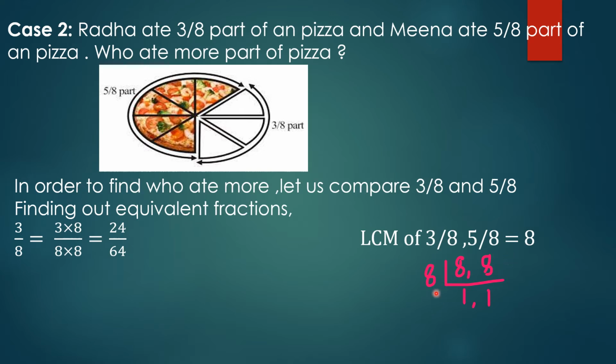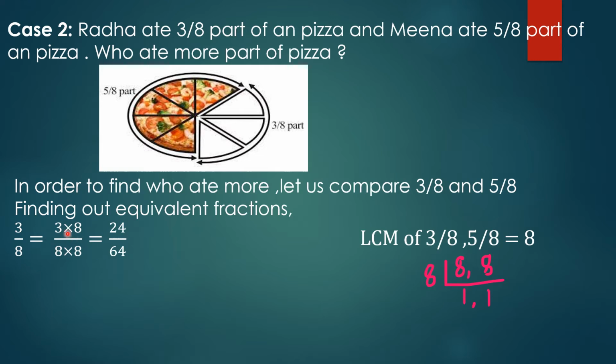It is 8, because 8 ones are 8, and 8 ones are 8, and finally 8 ones are 8. 8 is the LCM. Now consider the first fraction, 3 by 8, which is equal to 3 into 8 by 8 into 8. Both numerator and denominator are multiplied by 8.